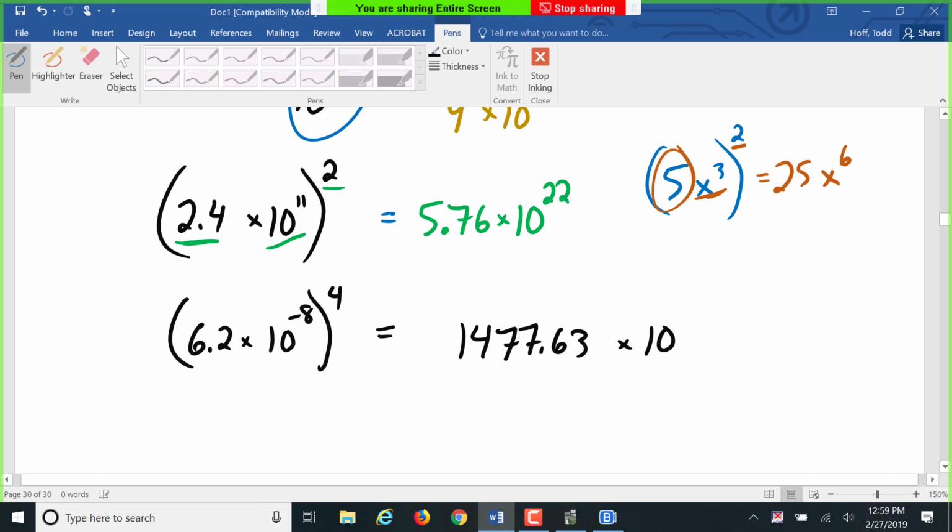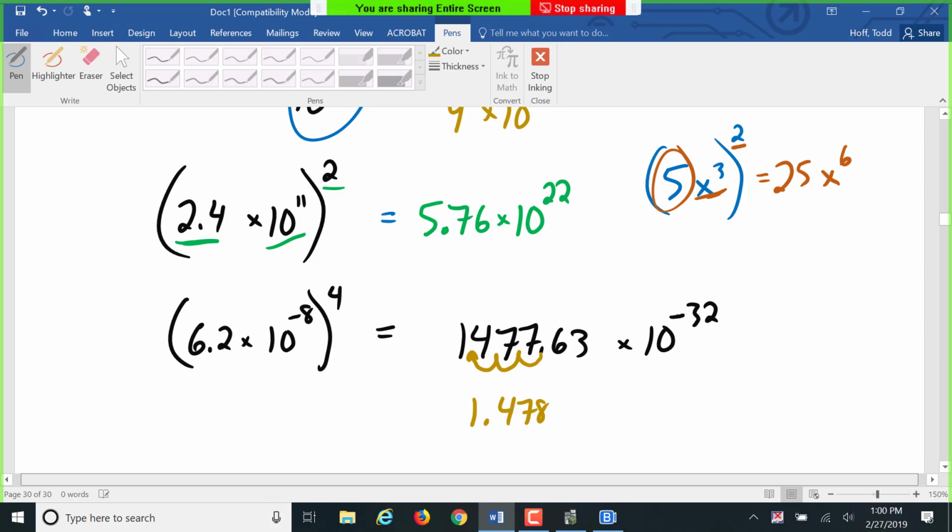Times 10 to what power? Negative 32. Good. Now this time we have to adjust the decimal point. How many spots? 3 spots. We're going to round that to about 1.478.